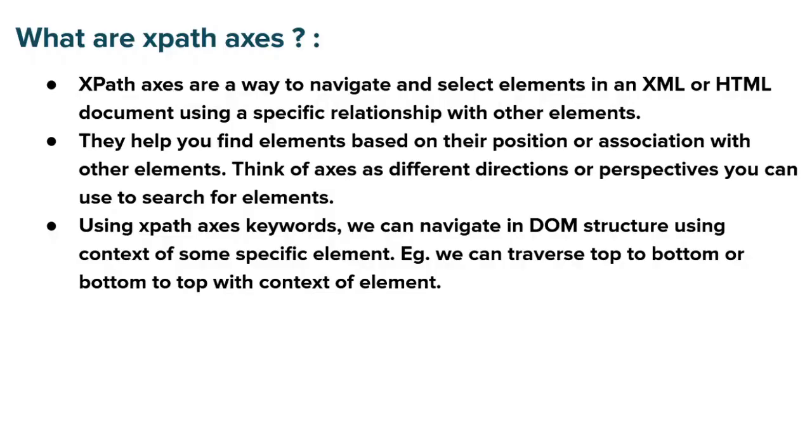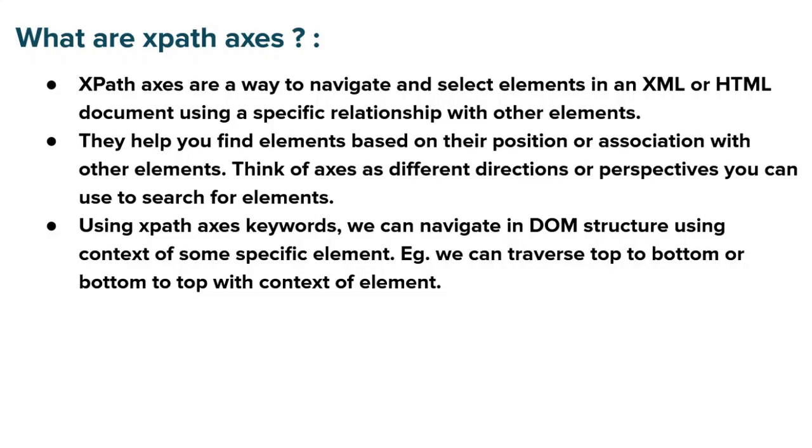So let's revise quickly. What are XPath axes? XPath axes are a way to navigate and select elements in an XML or HTML document using a specific relationship with other elements. By using XPath axes, we can find elements based on their position or association with some other element. Think of axes as different directions or perspectives we can use to search for elements.